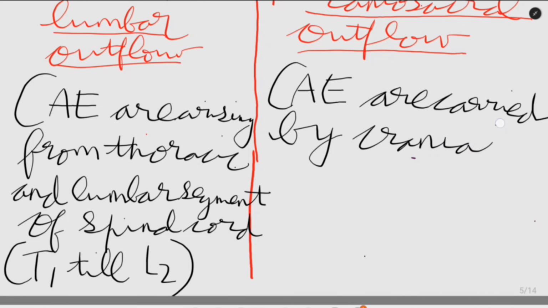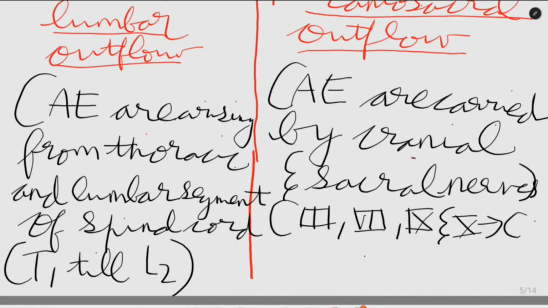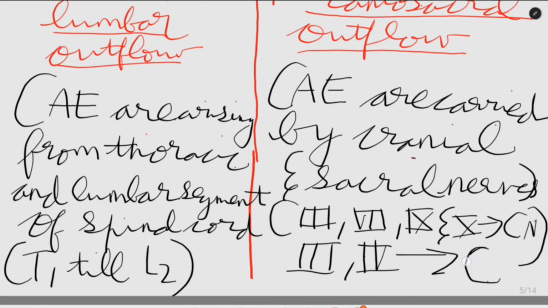The 3rd, 7th, 9th and 10th cranial nerves carry parasympathetic autonomic efferents, while the 3rd and 4th sacral nerves also carry them.